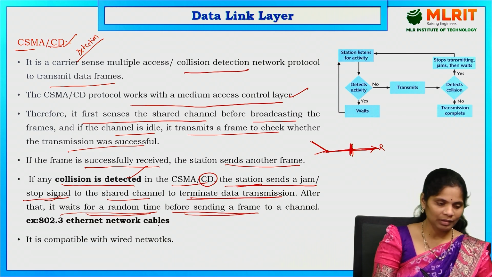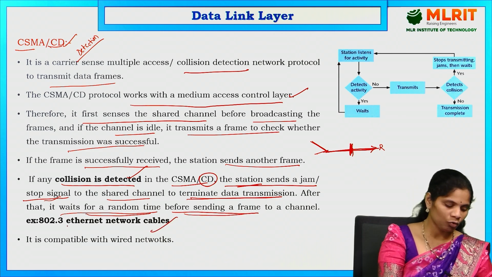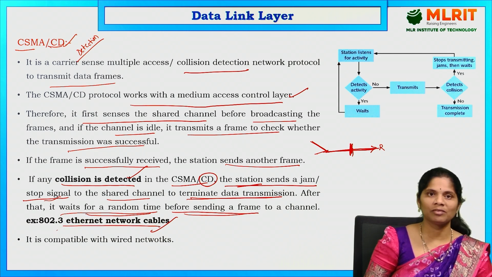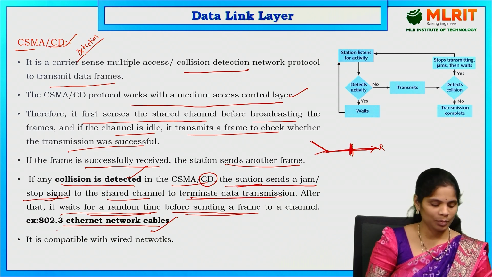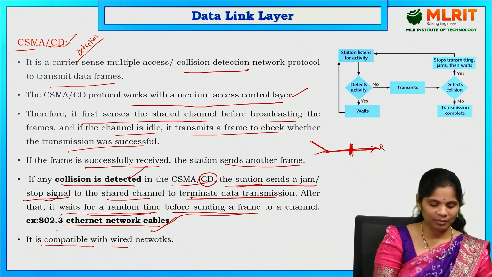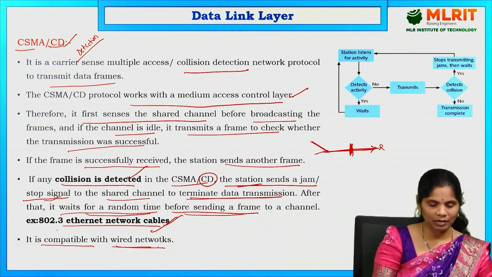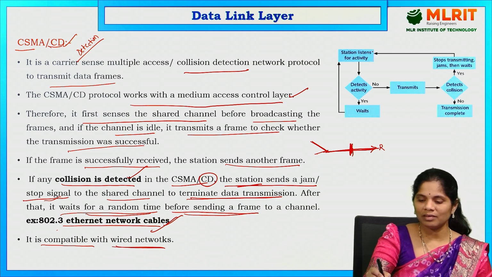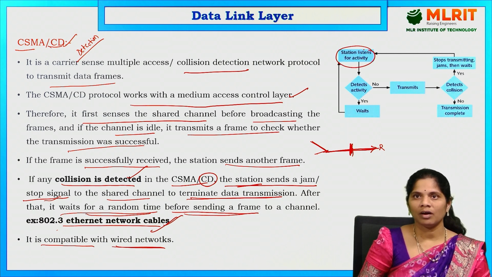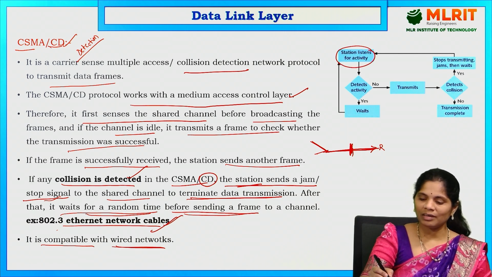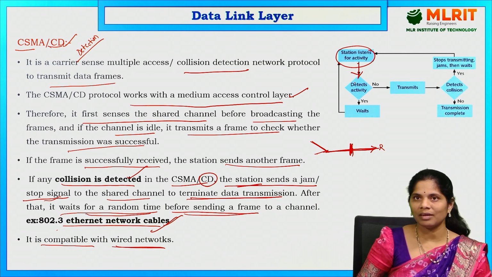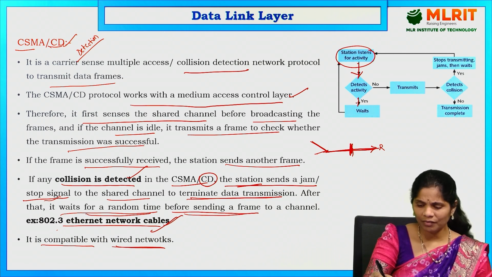The example for CSMA/CD is 802.3 Ethernet; network cables come under the CSMA/CD protocol. It is mainly compatible with wired networks. See in this picture, first the station listens for activity. If it detects any activity, it will wait some time.